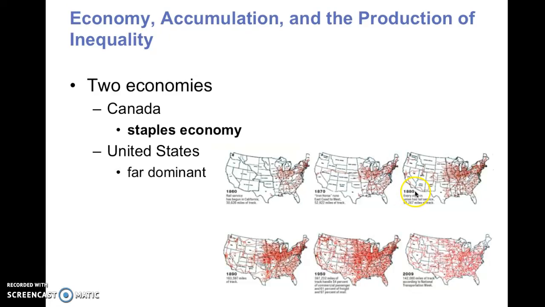Then in the 1880s, you have the Santa Fe Railroad, the Western. You have the beginnings of the Great Northern Railway. Much more tied in, extremely dense here. Most goods were shipped on rail. Very dense throughout here.